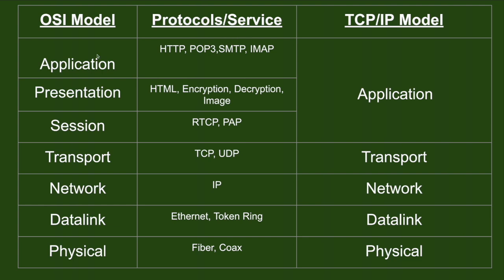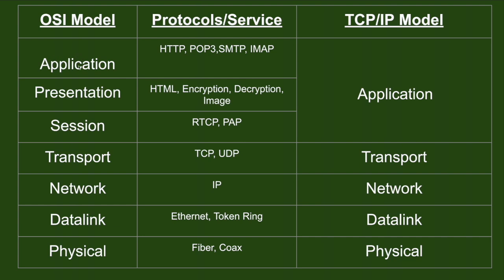So let's take one example. Let's say you are trying to access a web server. The application layer says, okay, for accessing the web page, the protocol you are going to use is HTTP. And how does it know?